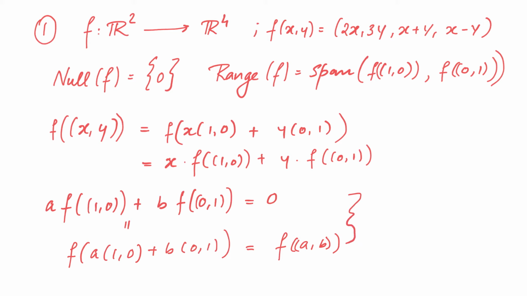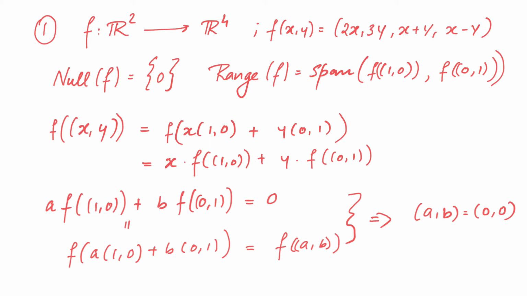But as the null space is the singleton set 0, this implies that (a, b) is the 0 vector. So (a, b) is equal to (0, 0). Which means that the vectors f(1,0) and f(0,1) are linearly independent. And thus we proved the rank nullity theorem for this special case.